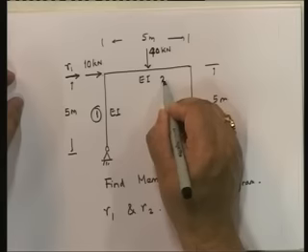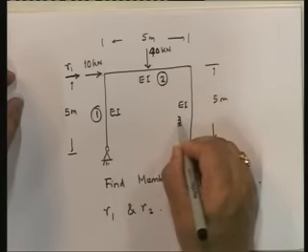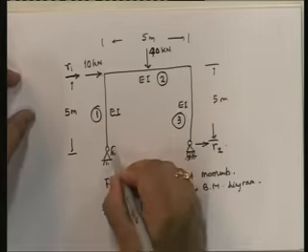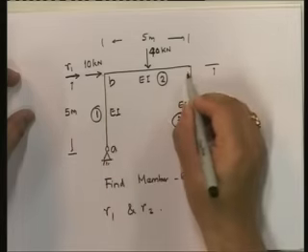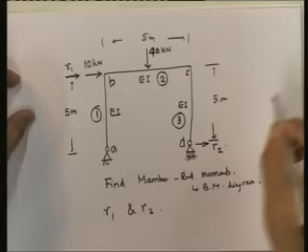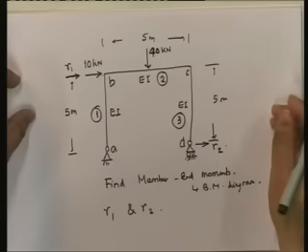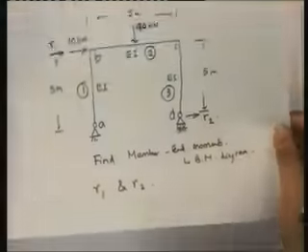Now the first step in this problem, what do we find out? For each member, we find out its member end displacement. Let me qualify this. I'll call this member 1, this member 2, and this member 3. A, B, C, D. So AB is member 1, BC is member 2, and CD is member 3.